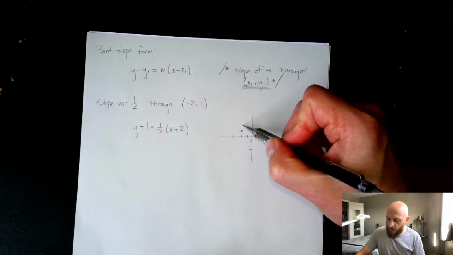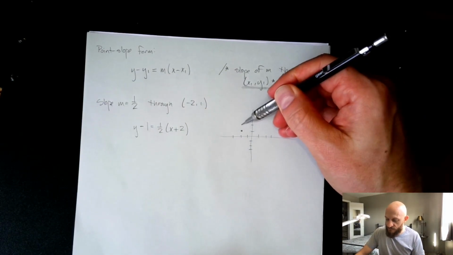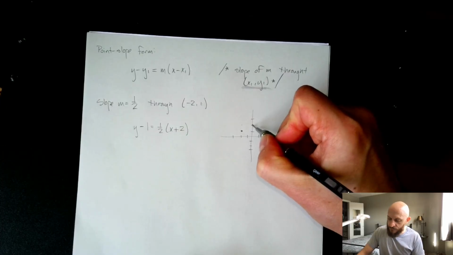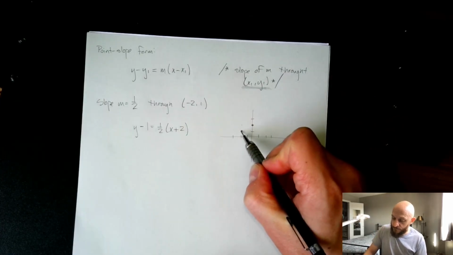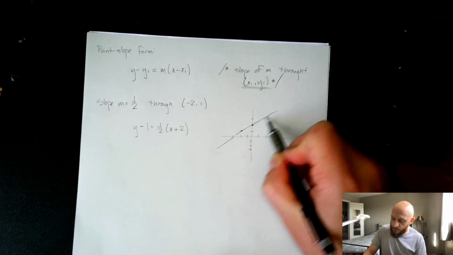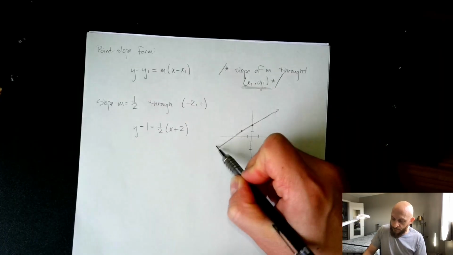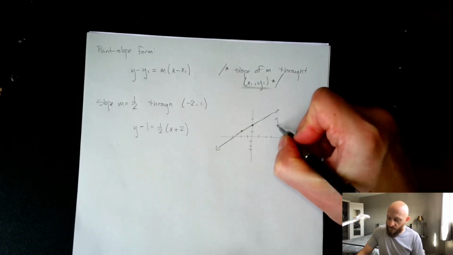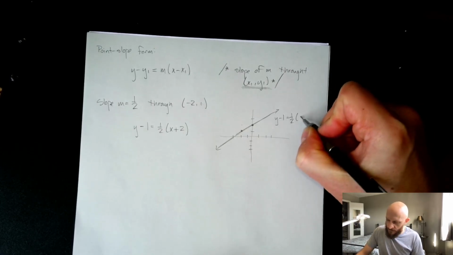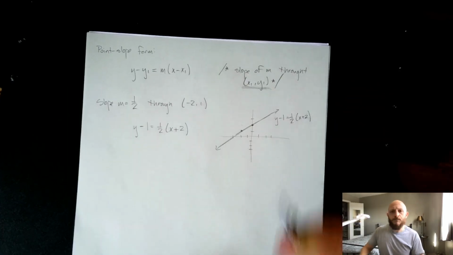So rise 1, move up 1 unit, move right 2 units. Right here. This is our graph of y minus 1 equals 1/2 x plus 2.